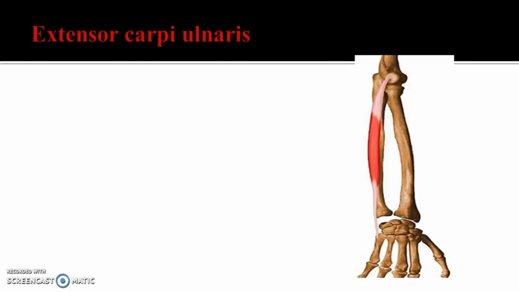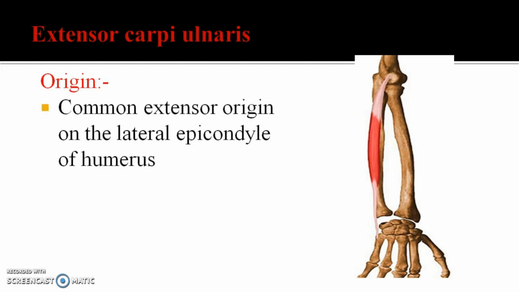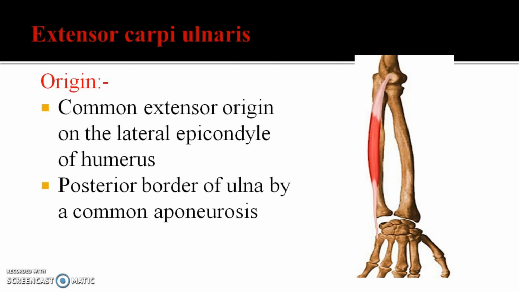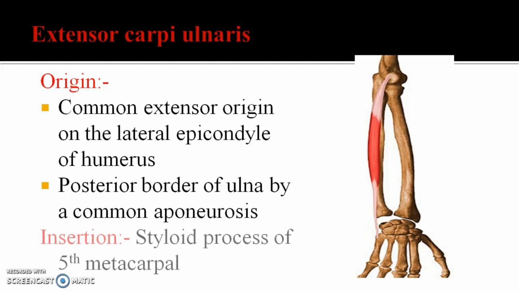Talking about another muscle which is present medial to this muscle is extensor carpi ulnaris. This muscle takes origin from the lateral epicondyle of humerus and also from the posterior border of ulna by a common aponeurosis.